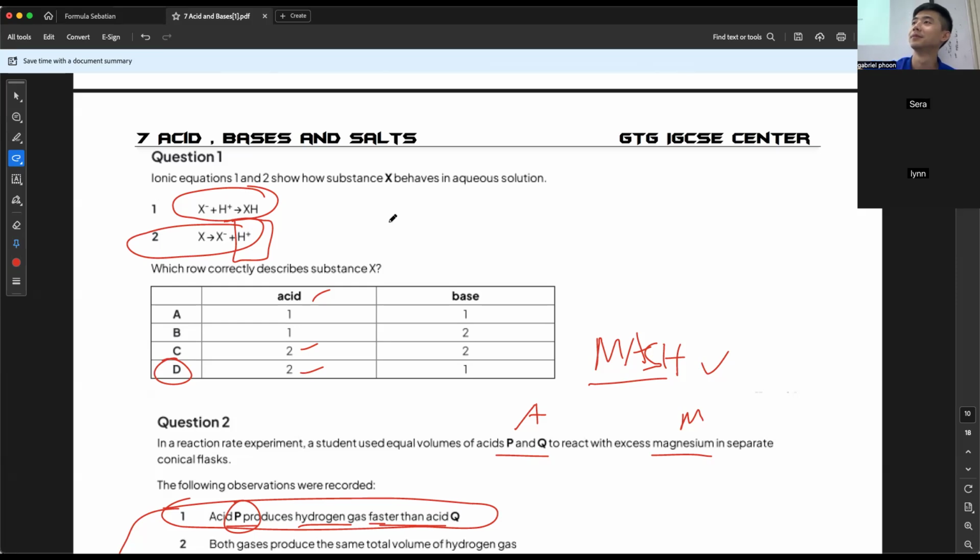Because the acid was reacting with the base for it to combine together. Makes sense or not? No, hydrogen is the acid. This will be the base. That's why this was the base for X. You get what I mean? Why is two an acid? Because it dissociates H plus ions, which is a common characteristic for acids. It gives off H plus ions.